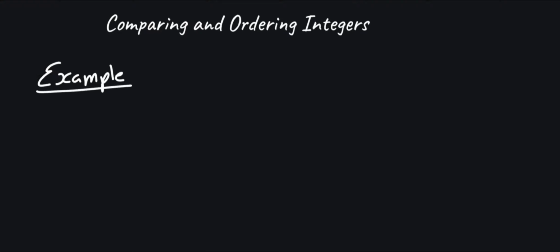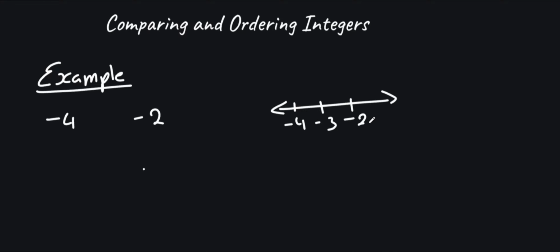So here's an example. We have -4 and -2. If I had to draw a quick number line, -4, -3, -2. Which number is more to the left? Because we know if we go left, the numbers get smaller, and if we go to the right, the numbers get bigger.